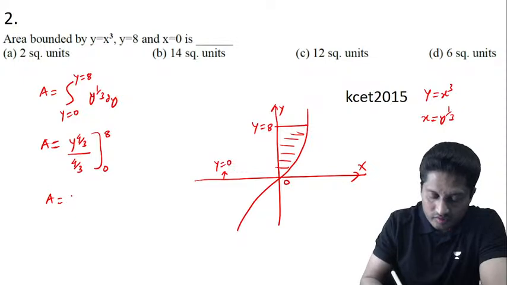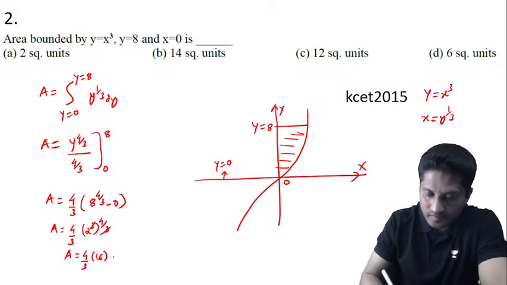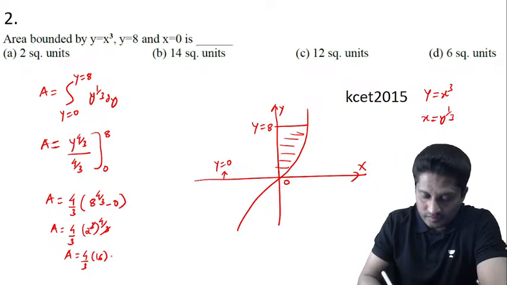Area is equal to 4 by 3 times 8 to the power of 4 by 3 minus 0, and this is 2 cube to the power of 4 by 3.